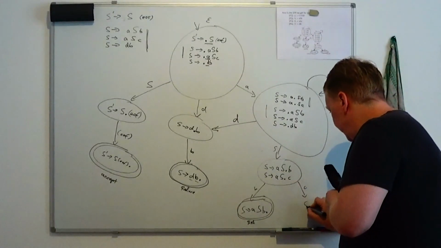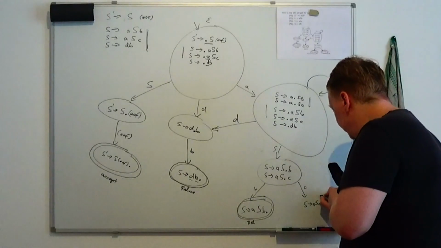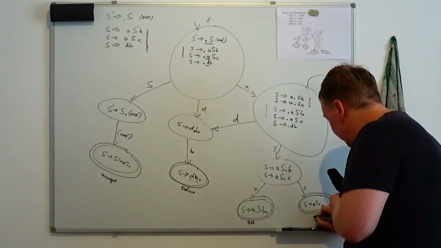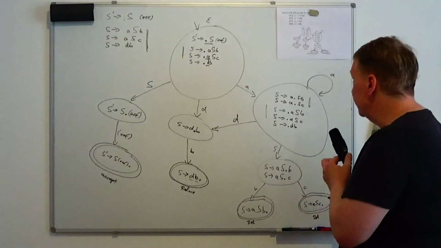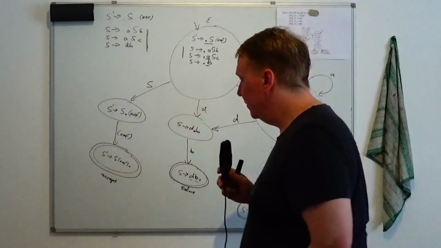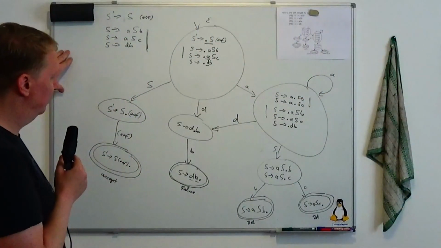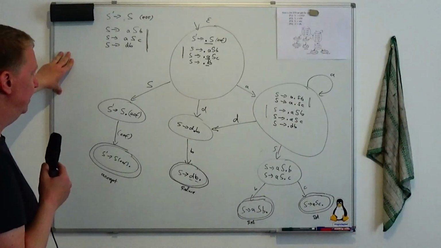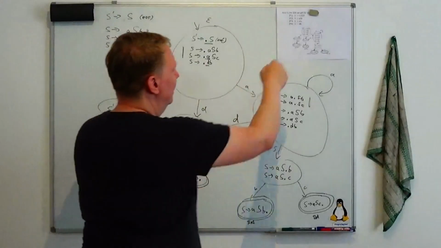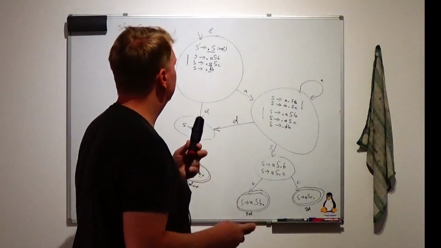Or we can have S goes to A S C point, which is another reduce information. Okay, and this is the entire LR automaton for our language. And if you want to parse, let's use that. Let's go through an example.